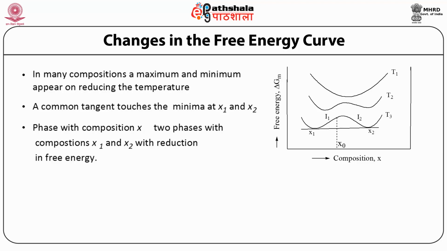The probability of an atom having the free energy G is given by the Boltzmann distribution, which is F of delta G equals A times exponential of minus delta G by kT, where delta G equals G minus G naught.